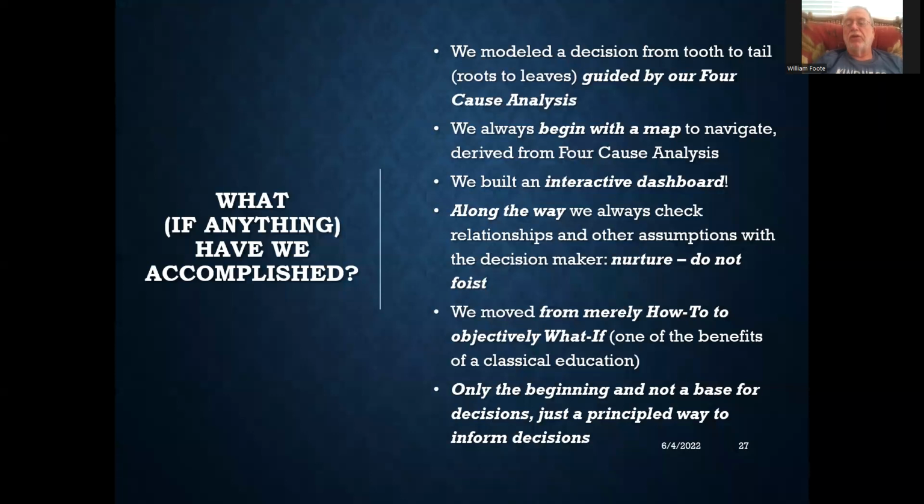So what have we accomplished? Let's put a stake in it. We've modeled the decision from roots to leaves. And the whole point is we've used our 4-cause analysis, I think, to good effect. And we're going to continue to use it. It's a way to be sure we're asking all the right questions. Always have to go there.